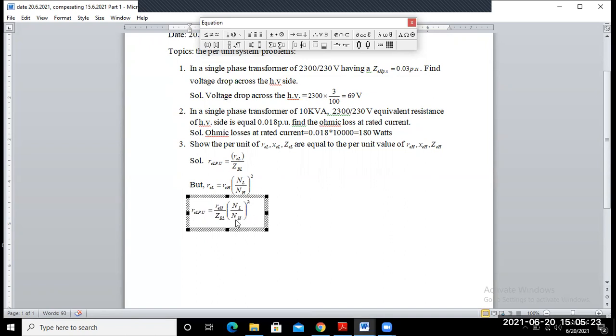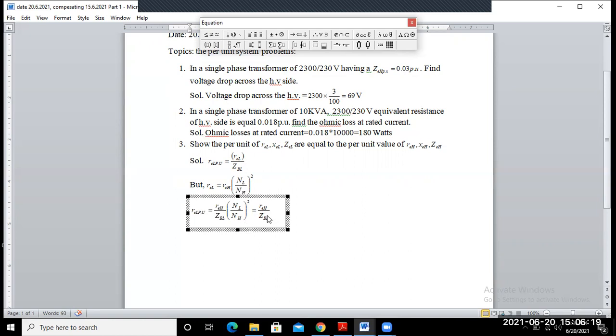In this equation, if we write N_H by N_L whole to the power 2, that means R_EH divided by Z_BL, bringing this down we can write N_H by N_L whole square.